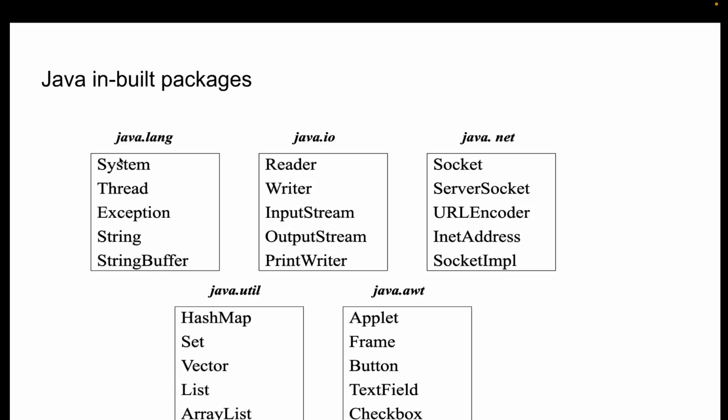Beneath java.lang, there is System, Thread, Exception, StringBuffer. These are built-in classes in Java, and these classes are under the package java.lang. Similarly, in the java.io package, there are classes like Reader, Writer, InputStream, OutputStream, PrintWriter.